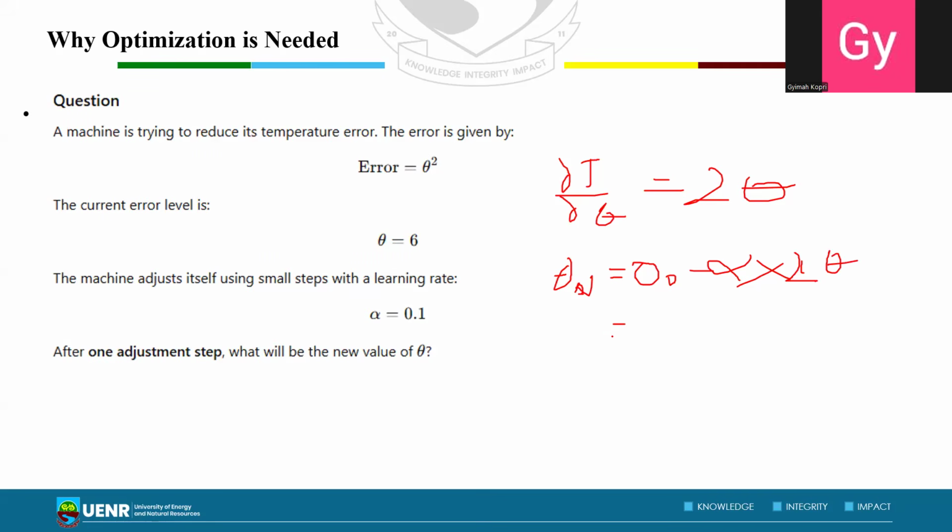So the answer will give me my old error 6 minus 0.1 multiplied by 2 multiplied by 6. That will give me 6 minus 1.2. And the answer will give me 4.8. As simple as that.